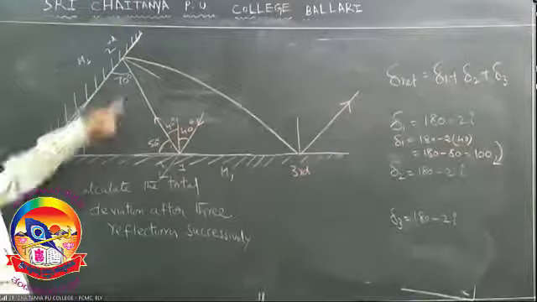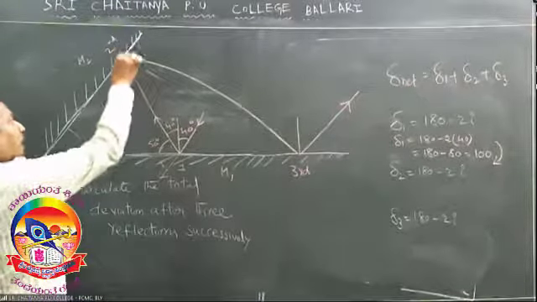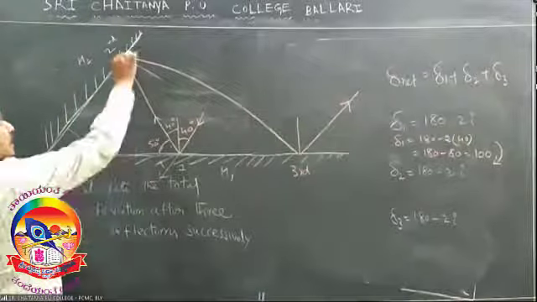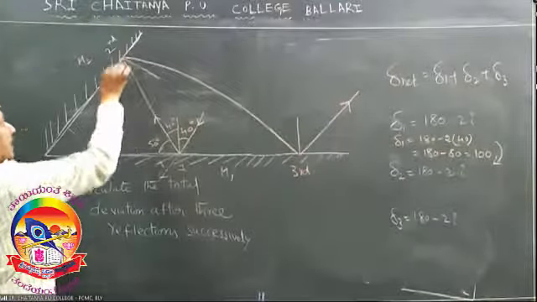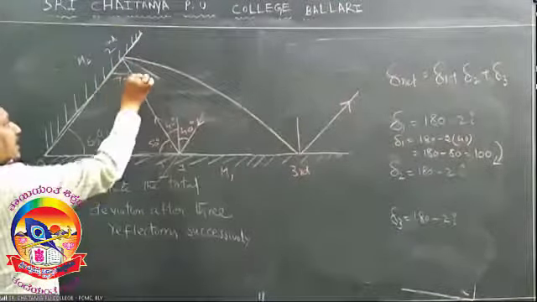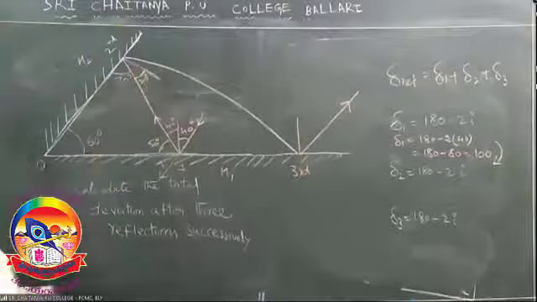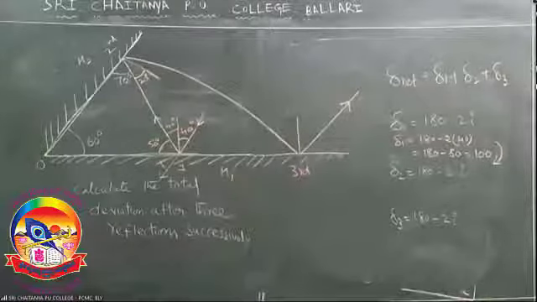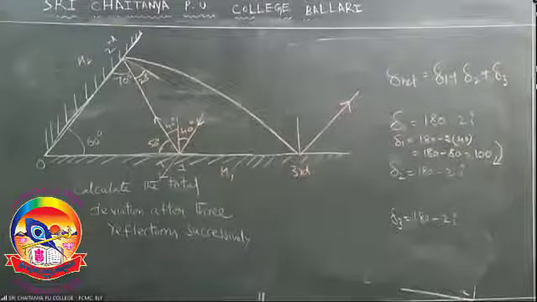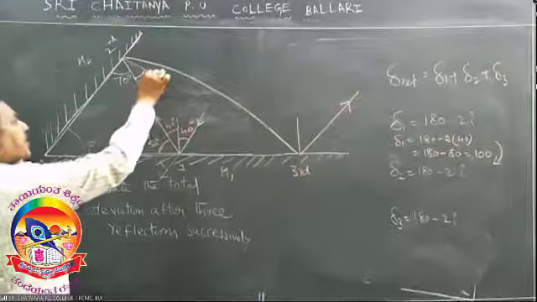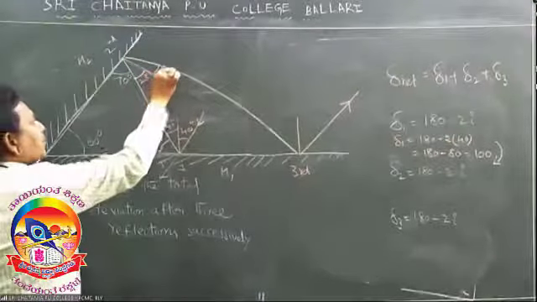If this is 70, these two must be how? Perpendicular. This is the normal. If this is 70, this is 20. If this is 20, the angle of incidence, the angle of reflection is also how much? 20.